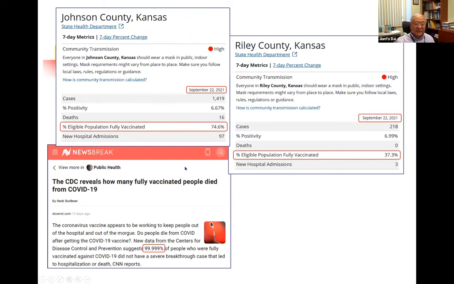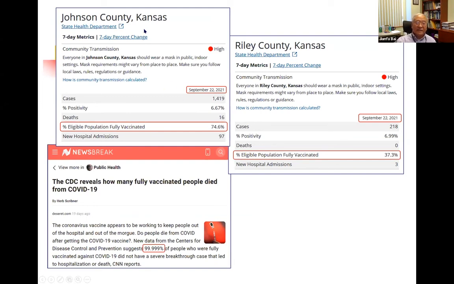A news break I read, which is from CDC data, indicates that 99.999% of vaccinated people do not end up in the hospital and still survive. The other side of the data indicates that those hospitalized and those who did not survive are not vaccinated. So it correlates really well.